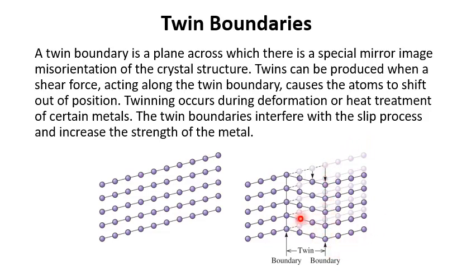The boundary between them is called the twin boundary, and this area here is called the twin. A twin always occurs at high temperature, but it can also occur at room temperature. I will come back to this sentence at the end of the lecture to explain it in more detail.